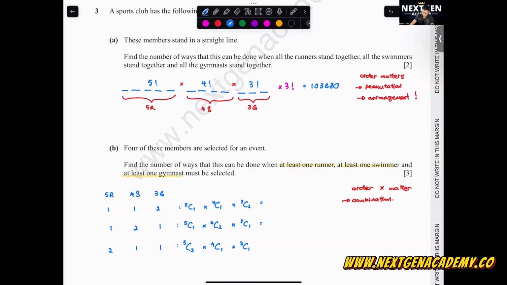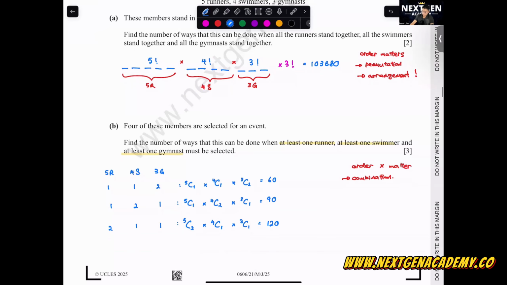Go and calculate each of them. Just put it into your calculator: 60, 90, and 120. Your total, 60 plus 90 plus 120, gives 270.